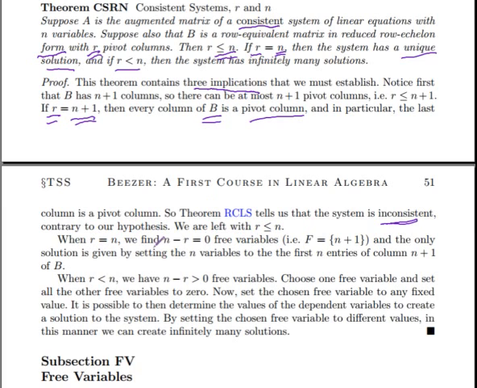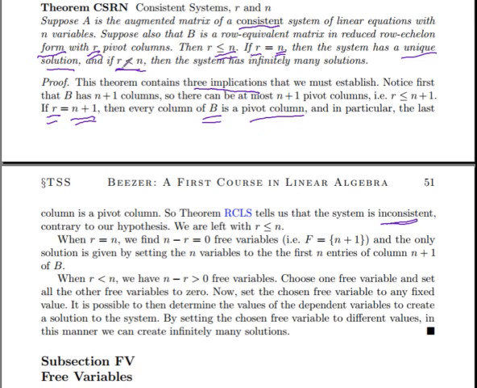Okay, and then this gives us immediately the solution because we saw that when we have free variables, we have arbitrary parameters. If there's no free variables, there's no arbitrary parameters. The way you find the dependent variables is simply set them equal to the values in the last column. Okay. All right, so we've shown the second implication.